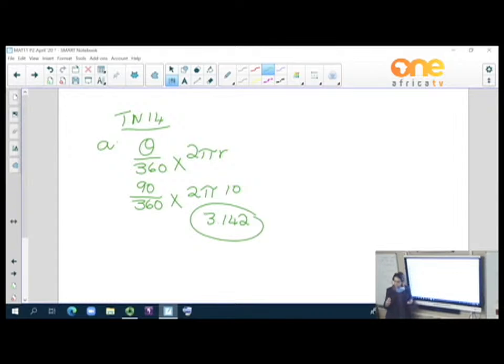That's what they say on the front page of your paper. Or you can use second function. The pi one is usually there at the bottom of your calculator. Okay, so 90 divided by 360, and then times 2 times shift pi times 10, and what is the answer that you have?